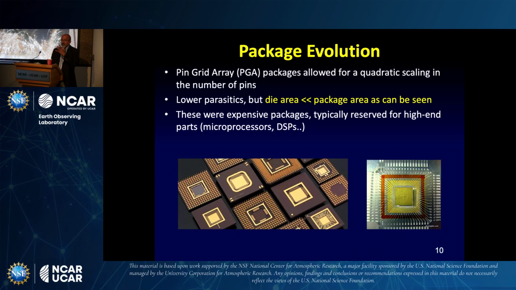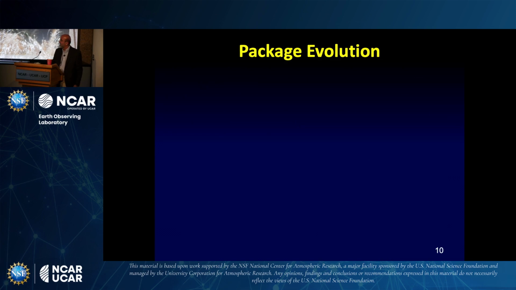And future evolutions of packages had pin grid arrays. They have multiple rows of pins. But once again, you can look at the die, which is what's in the center here. The die area is much smaller than the package area. And this is, again, basically a big limitation. So this theme is continuing, is kind of what I'm trying to say.